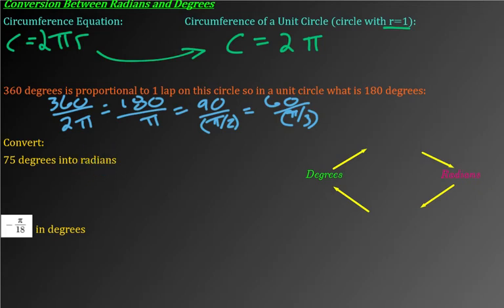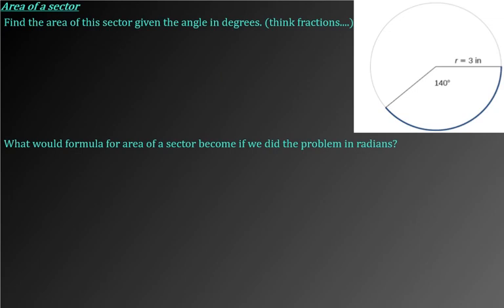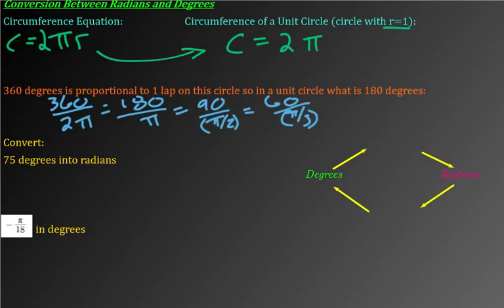Basically, radians always have this pi in them somewhere. They technically don't have to. 6.32 can be thought of as radians, but we're very used to usually seeing it with a pi in it. If there's a pi in the angle unit, then it's a radian, and if there's not, it's a degree. But this is basically your conversion.